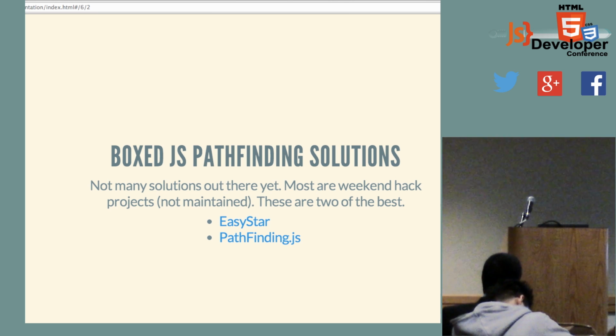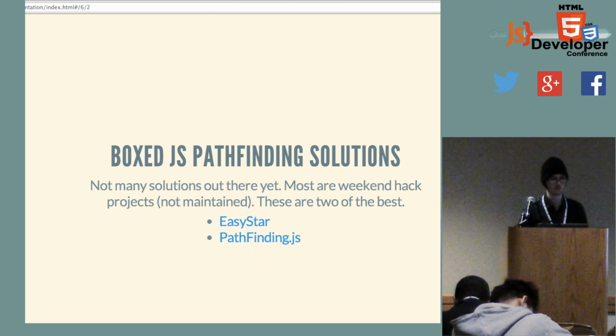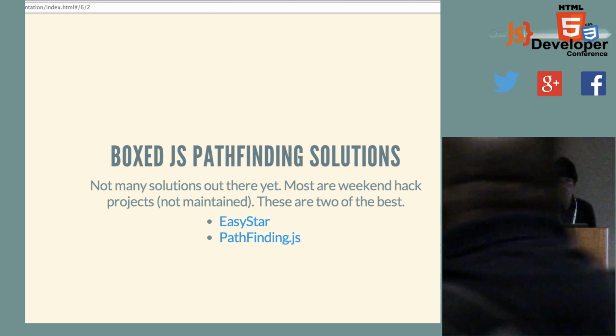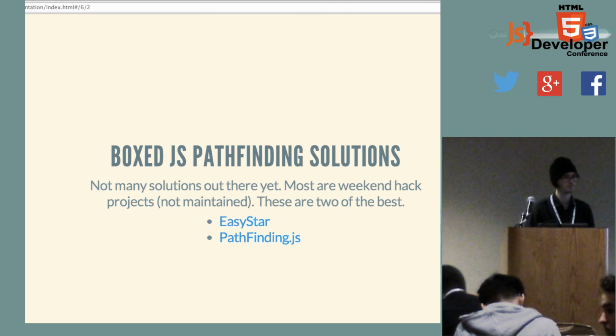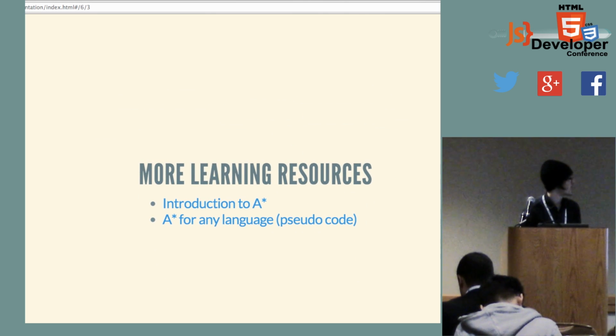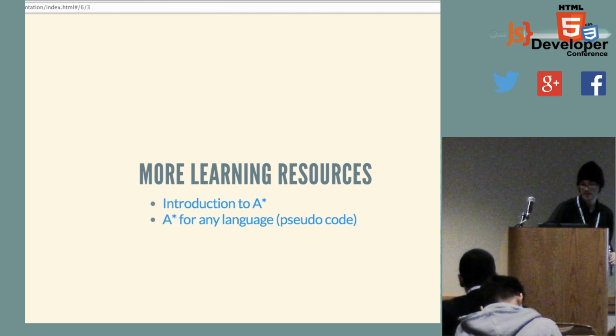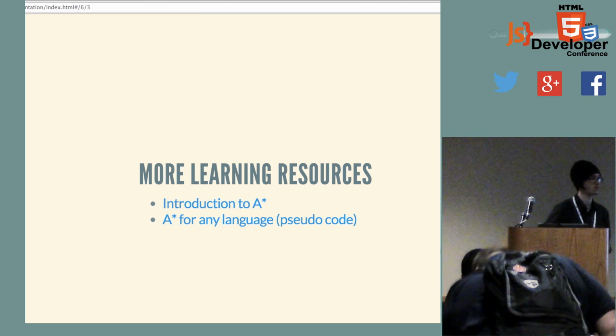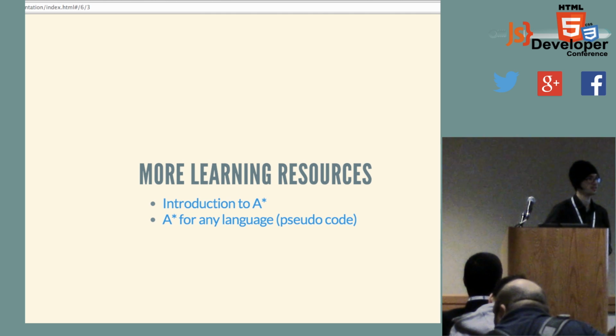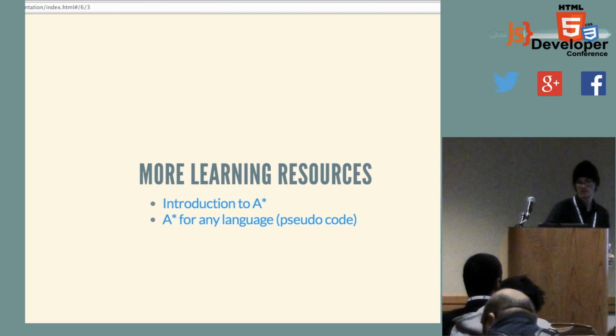If you need a very specific solution, like you were saying, with dynamic collision data, or you need to break your grid up into microgrids to evaluate information faster, you should really implement it from scratch, just 200 lines of code. It'll totally be worth your time versus trying to hack apart someone else's code that might not do exactly what you want. For more learning resources, I recommend Introduction to A-star and A-star for Any Language, which is a Wikipedia article with a bunch of pseudocode on exactly how you can implement A-star abstractly.